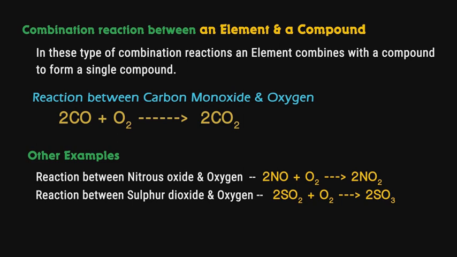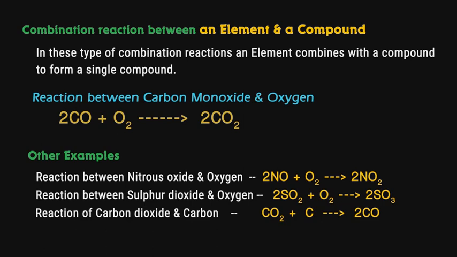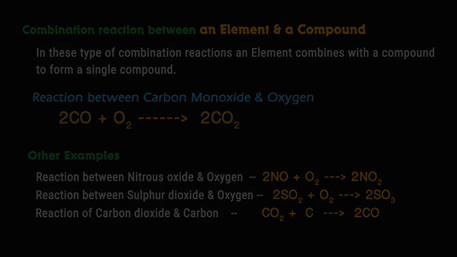Now you can see here one more example, that is reaction between carbon dioxide and carbon that produces carbon monoxide. So these are combination reactions between a compound and an element.